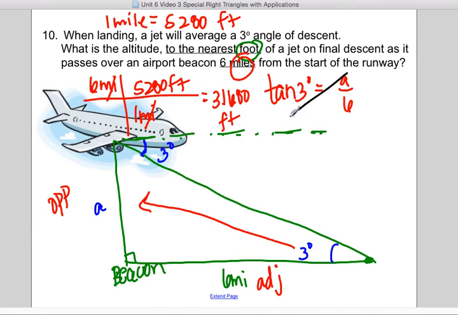I want tangent of 3 degrees to equal A over my feet. And then to solve for A, I would multiply by that 31,680. So we would take tangent of 3 times 31,680.